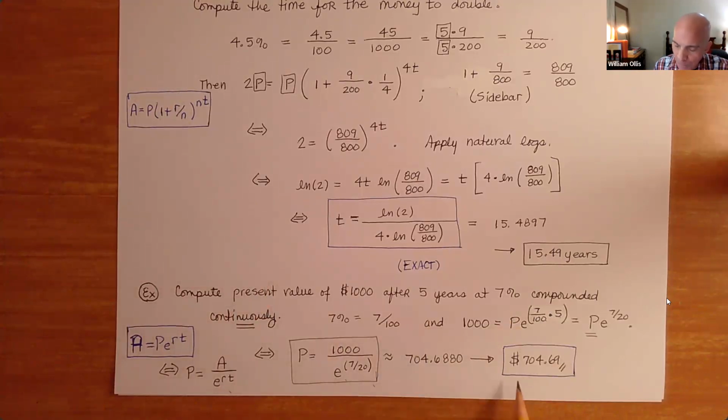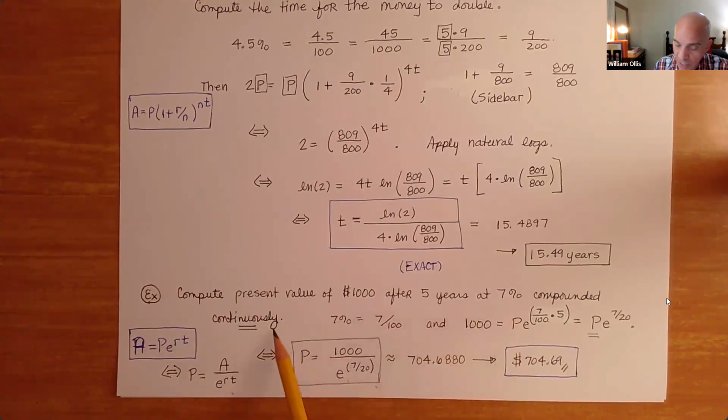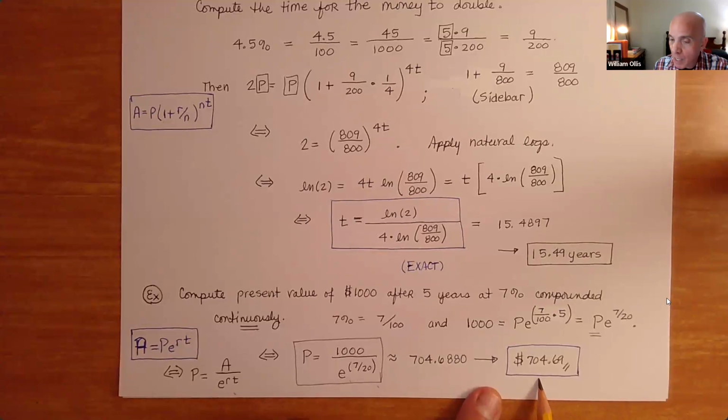So notice here, if we want to accrue $1,000 in 5 years at 7% compounded continuously, our initial investment would need to be approximately $704.69. If you take more financial classes where you discuss annuities and amortization, you will have more practice with this. I think this is always a good way to begin the study of finance.